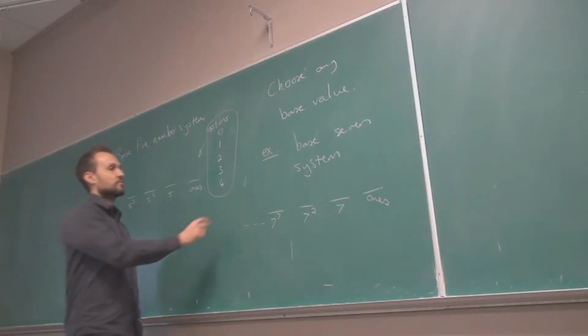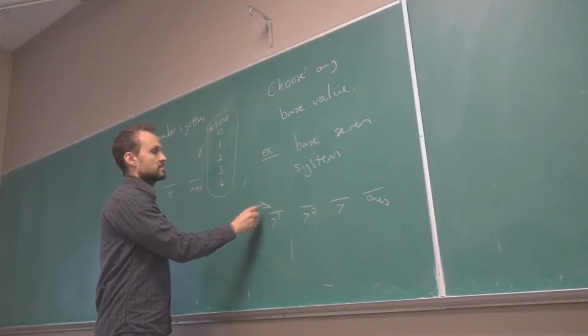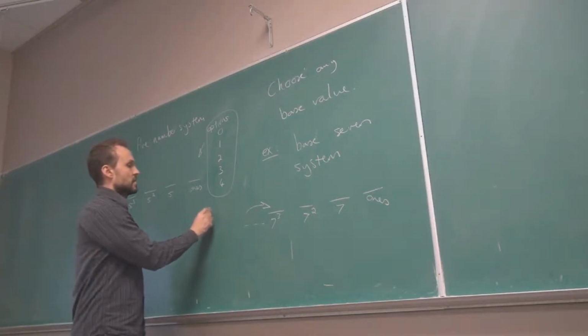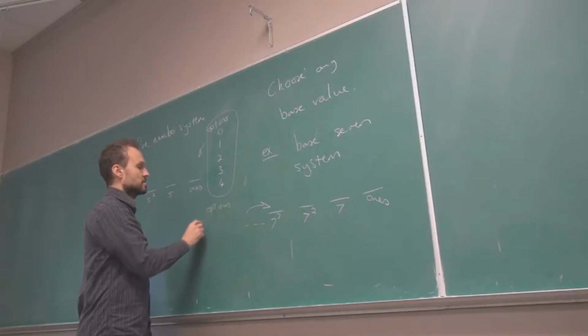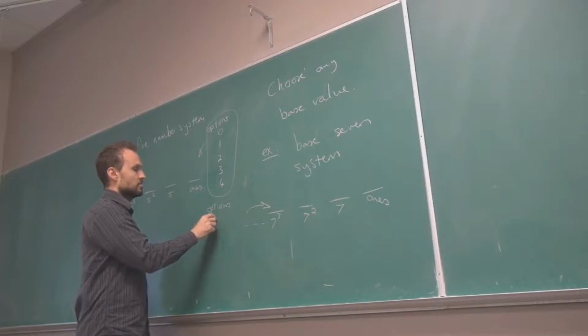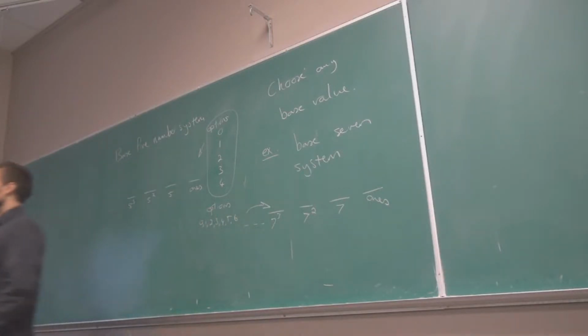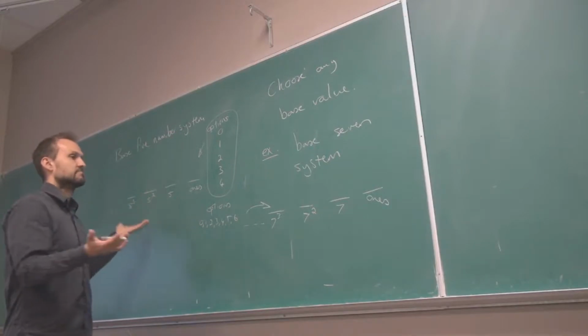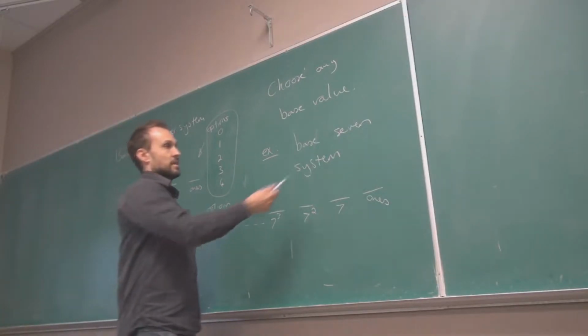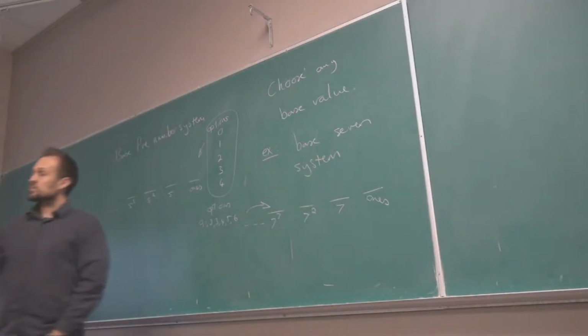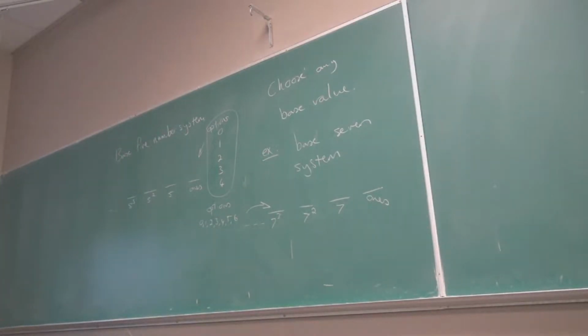And the options for every single place will change: 0, 1, 2, 3, 4, 5 to 6. Because as soon as I have 7, it rolls over to the next group. So the group size is actually kind of arbitrary. I can choose another one, and everything works the same. I just have to count according to that group size, that base value.